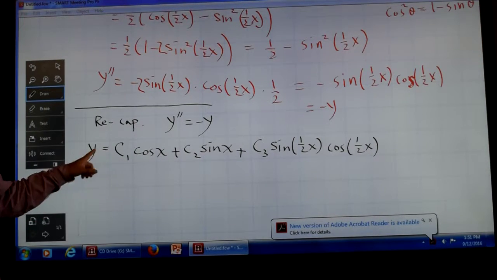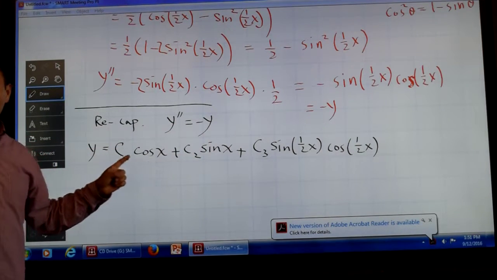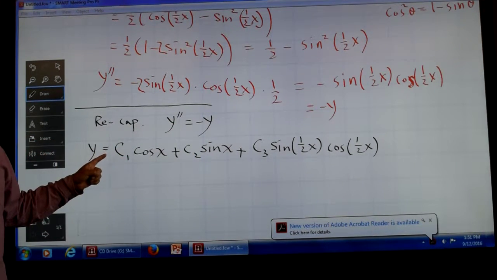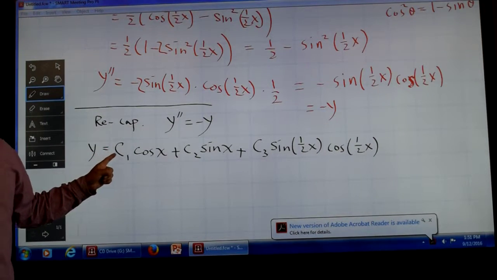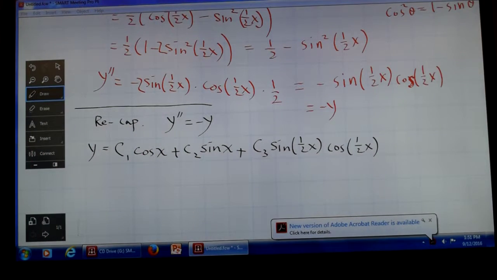And you can check that if you differentiate this twice, you get exactly negative of y, but this is somewhat wrong because you have too many coefficients, right? You have C1, C2, and C3. So you have too many. Okay? So it's not good.